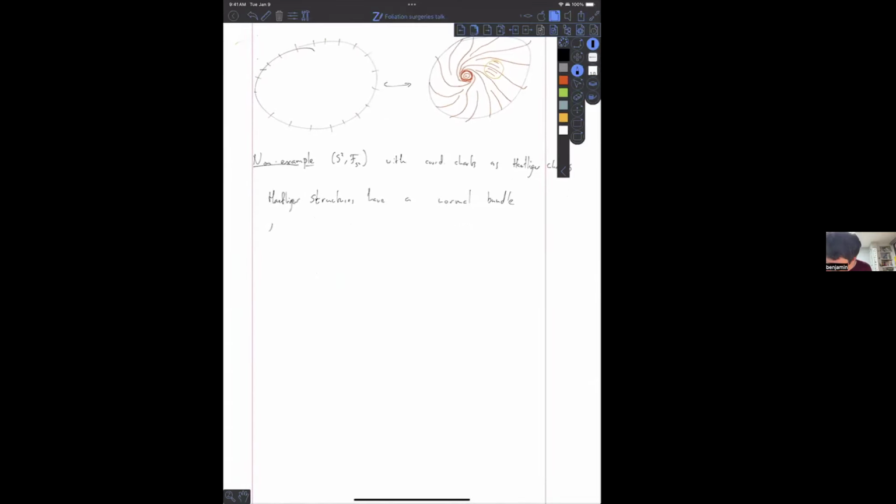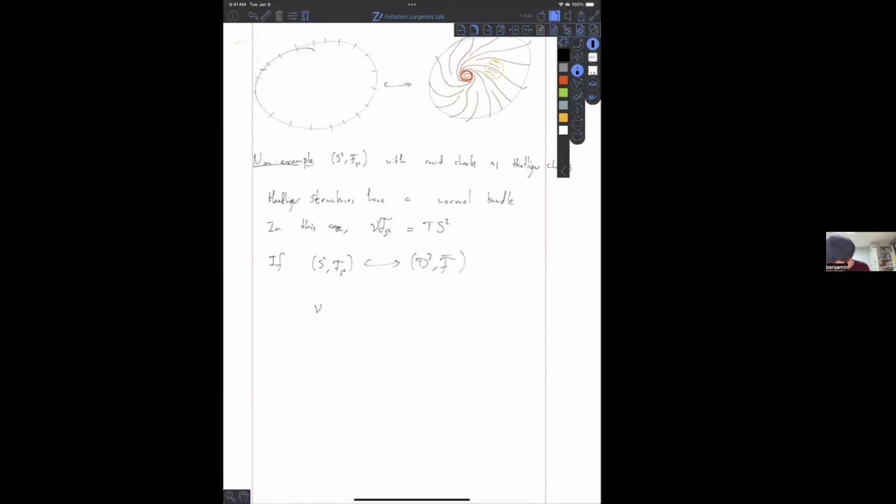In this case, the normal bundle of F_S2 is actually, again confusingly, the tangent bundle to S2, because the transition functions are exactly the diffeomorphisms of the coordinate transition functions. So that's one way to get the tangent bundle. If this foliation extended to the full disk, what do we have?